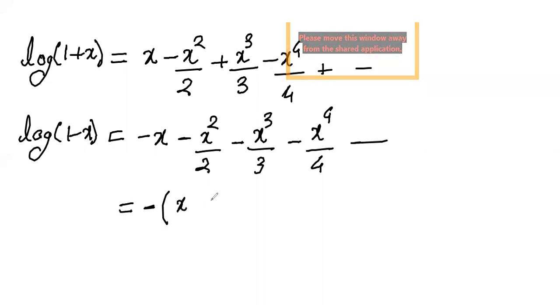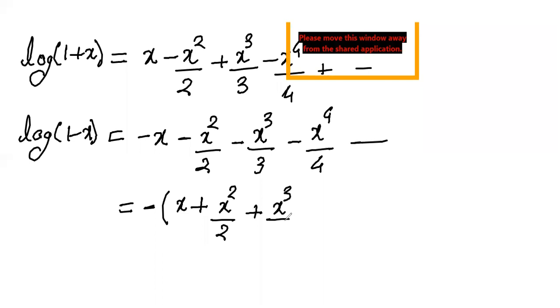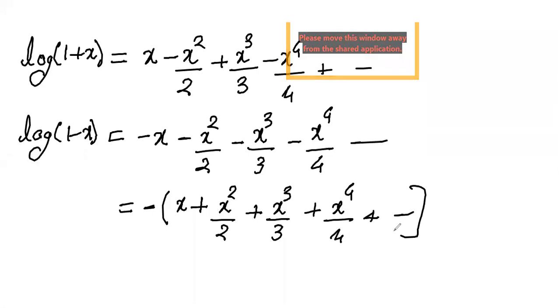So it will be x plus, this is plus, no? Plus x square upon 2 plus x cube by 3 plus x to the power 4 upon 4 and so on. Okay. So log 1 minus x is also completed.